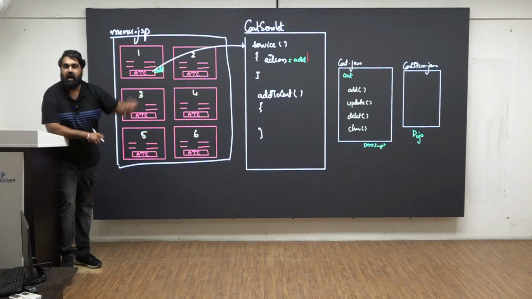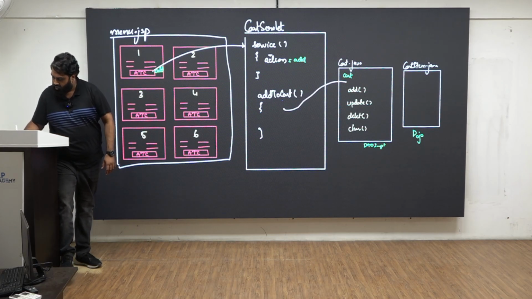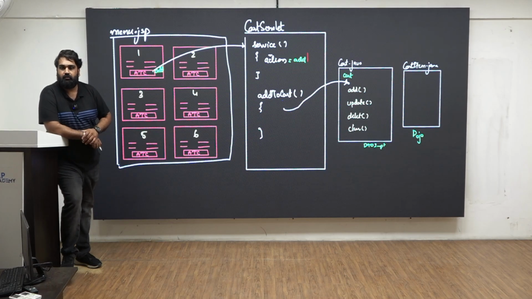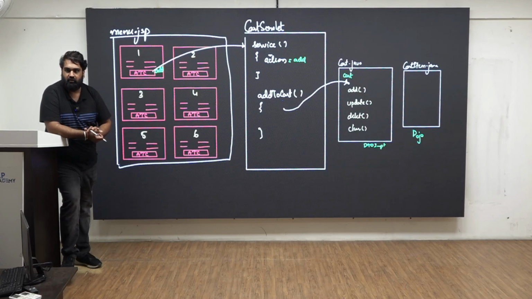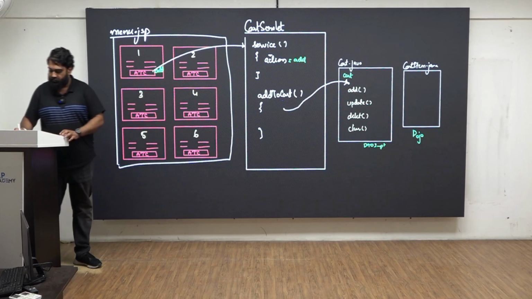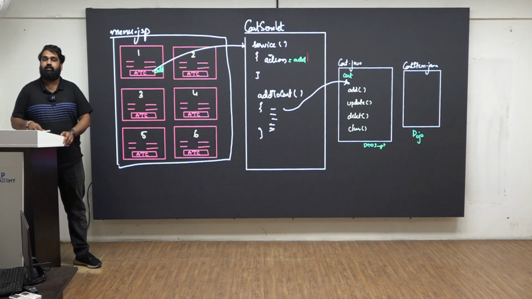It will go to cart.java. It has to call the add method. If you remember, the cart.java add method will accept some information. All that information, it is your add to cart who has to collect.